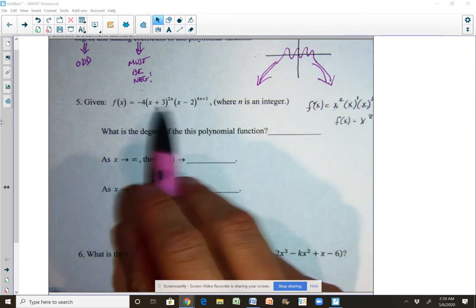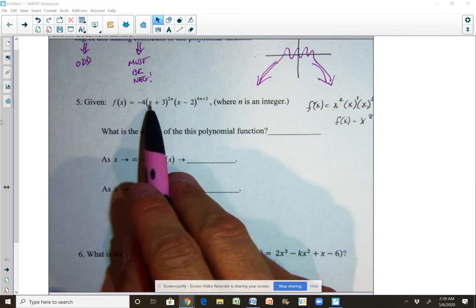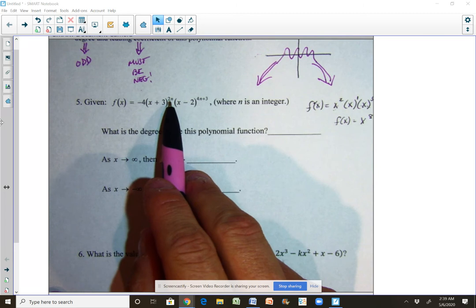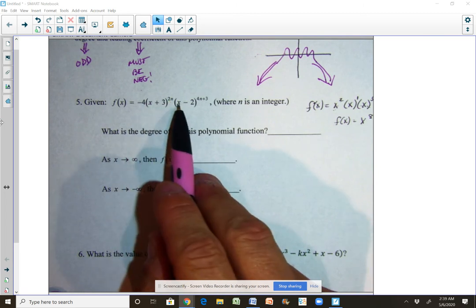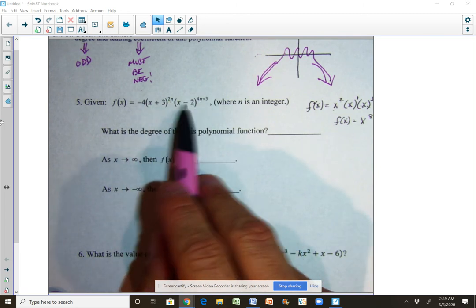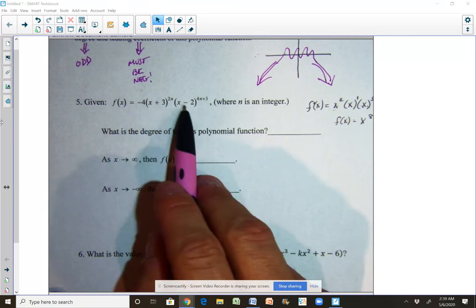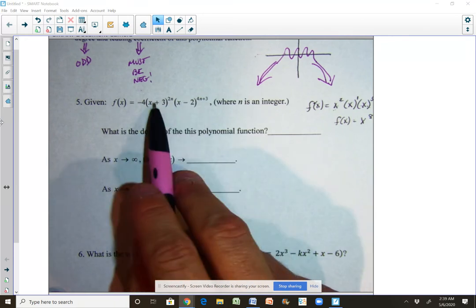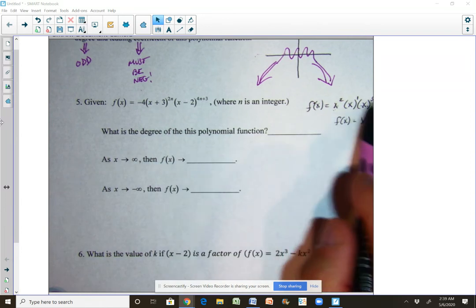Even though they're binomial factors, the leading term is going to dominate. It would be x to this power as the leading term, just like x to this power is going to be the leading term of that factor. And when you have a product of those, you'd be adding those leading term exponents together, just like we did here.